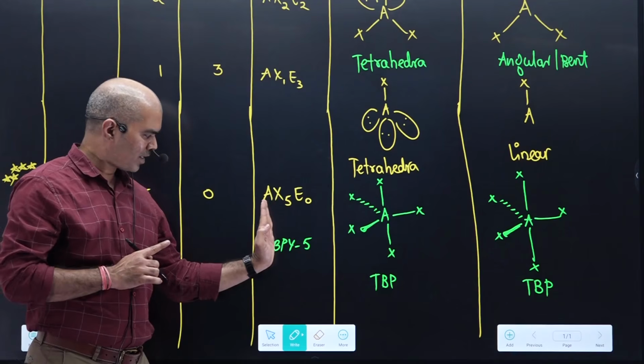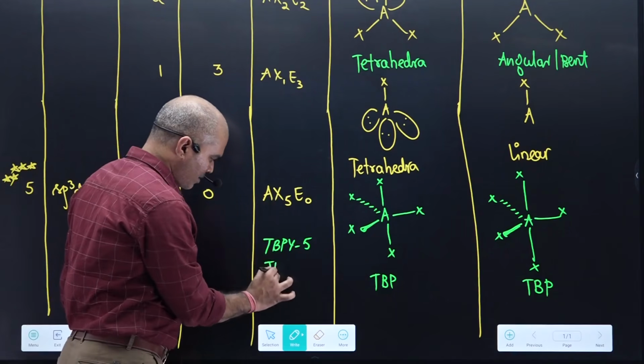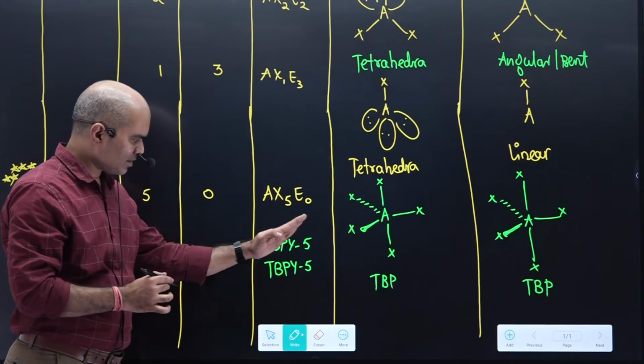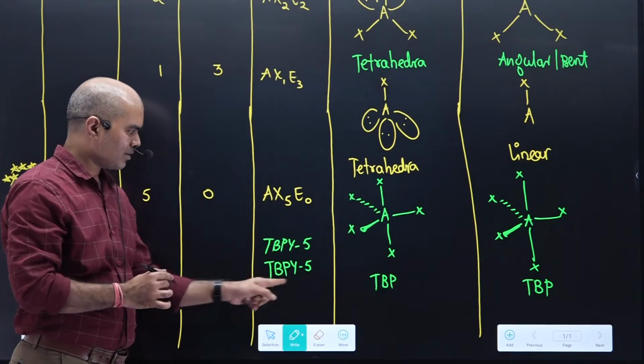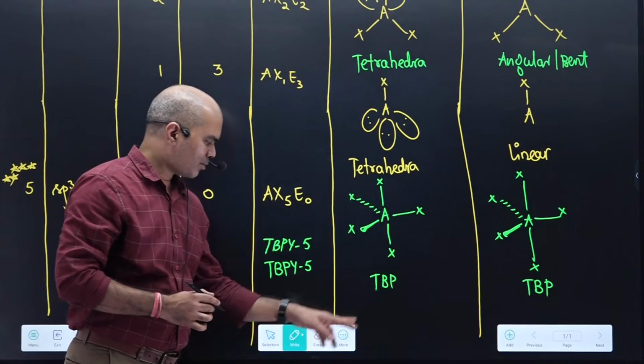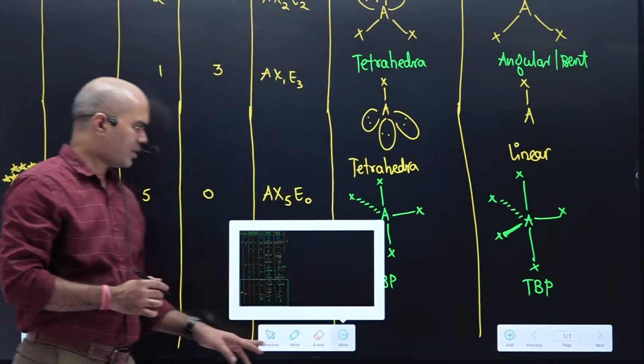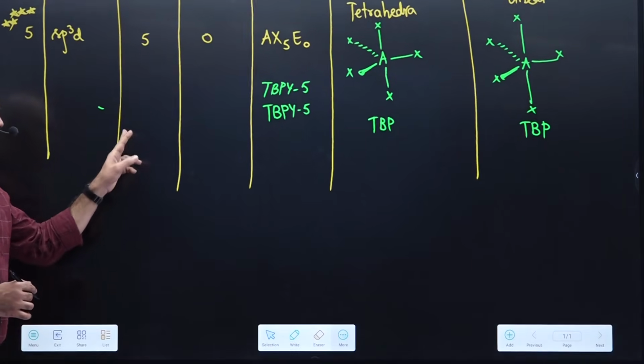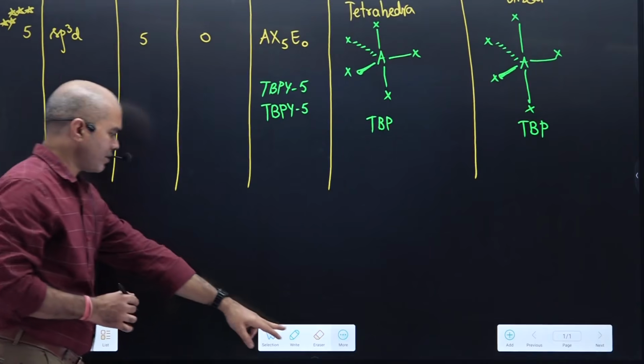You should not write it straight. This is the IUPAC abbreviation. So both are TBP, but commonly we are using TBP, trigonal bipyramidal. That is the 5 0 combination.